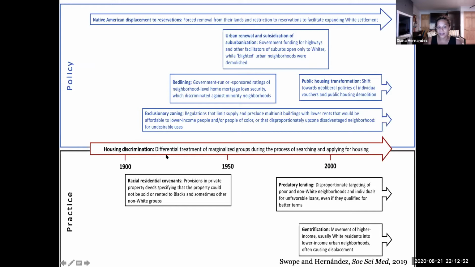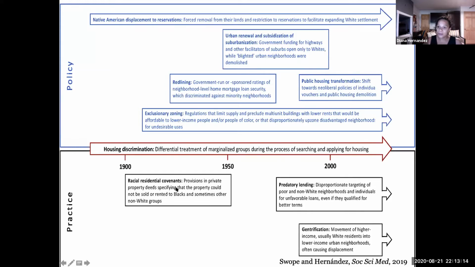And this is a timeline that gives you a sense of where these policies began and ultimately what we then see now as manifestations of a historical legacy of housing discrimination, really entrenched in these policies and practices.